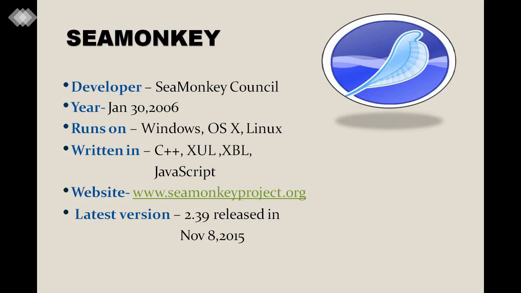It runs on Windows and Linux, is written in JavaScript, C++, XUL and XBL, and the latest version was released on 8 November 2015. Here is the website, www.seamonkey-project.org, the site of our web browser.